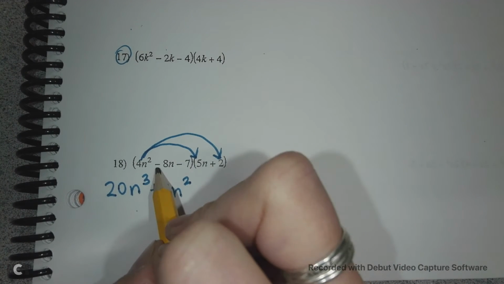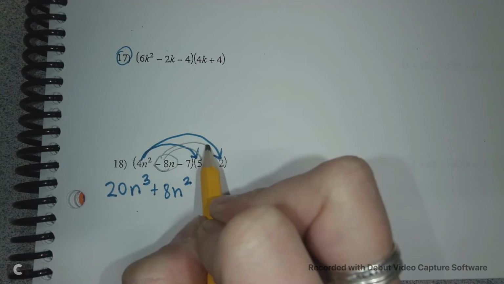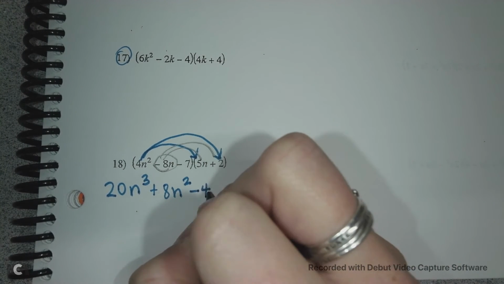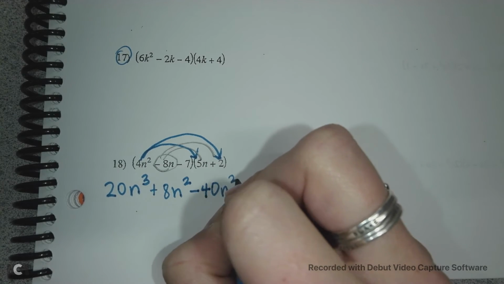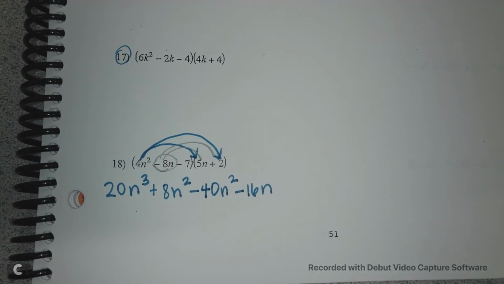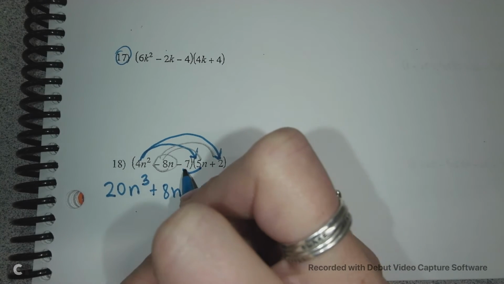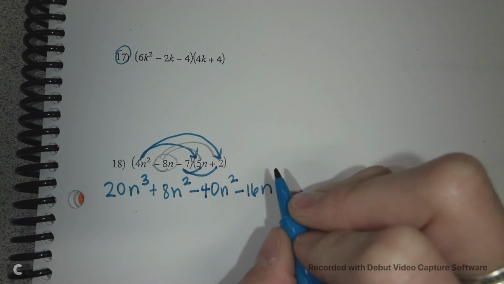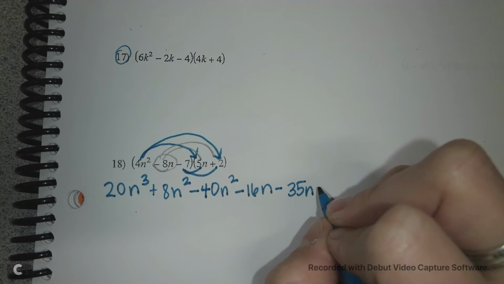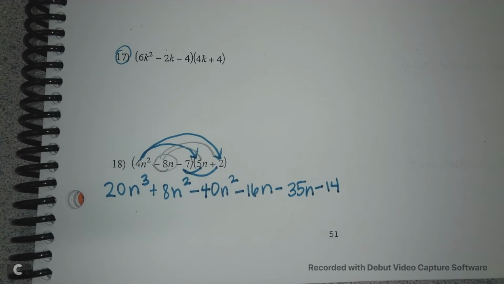Then we're going to multiply this negative 8n to the 5n and the 2. So negative 8 times 5n is negative 40n squared. And negative 8 times 2 is negative 16n. And then we have to multiply that negative 7 to the 5n and the 2. So we have negative 35n, and negative 7 times 2 is negative 14.